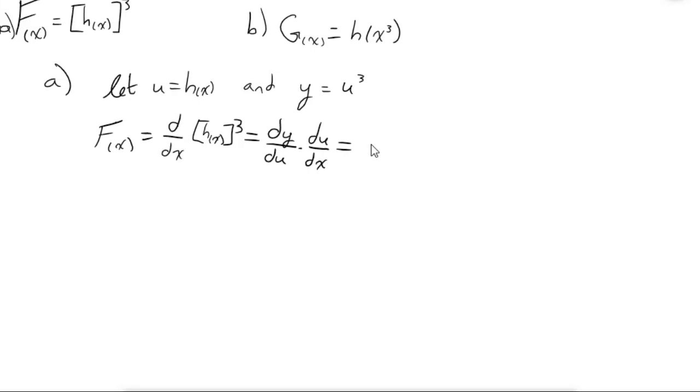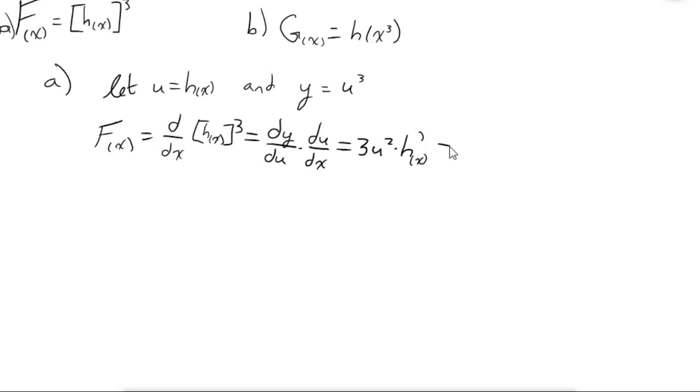So the derivative of y with respect to u is 3 multiplied by u squared. And the derivative of u with respect to x, well, we're not given what u actually is. We're just given the function h of x. So it's just going to be our h prime of x, because we don't know what that derivative is.